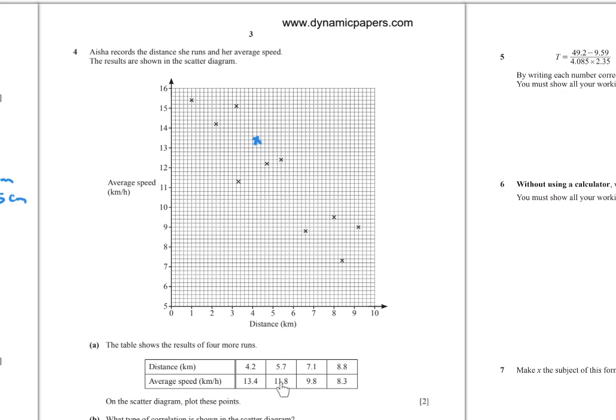Second point 5.7, 11.8. So this is 11.8 and 5.7. Next, 7.1, 9.8: this is 9.8 and 7.1.